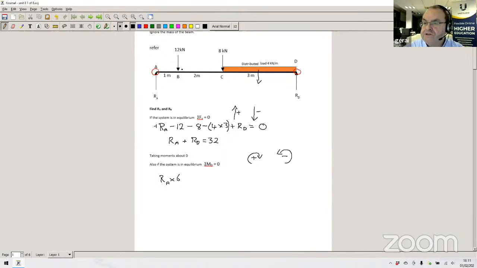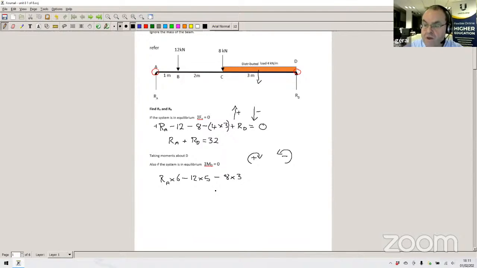The next force is the 12 kilonewtons, and that's acting in the opposite direction. The moment is in the negative direction, so it'll be minus the force, which is 12, and that acts at a distance from D of 5 meters. So we'll put 5 in there.